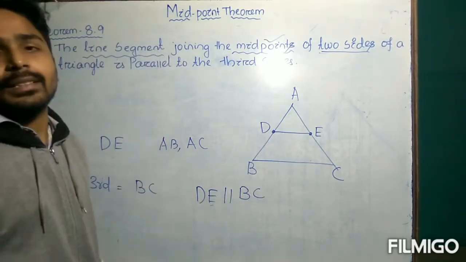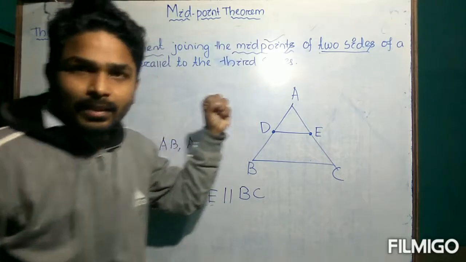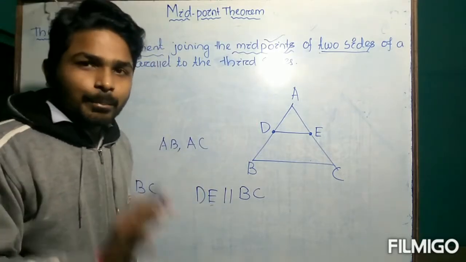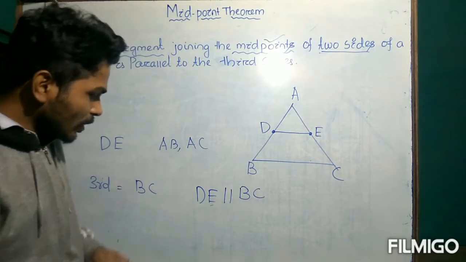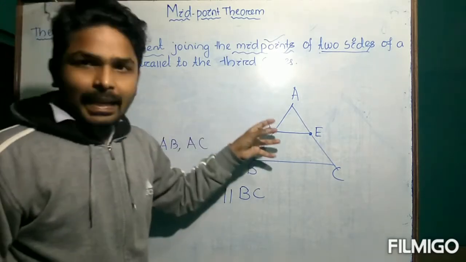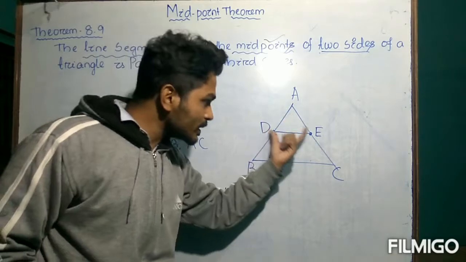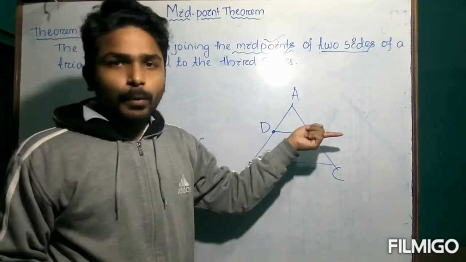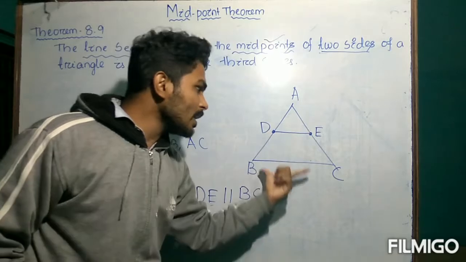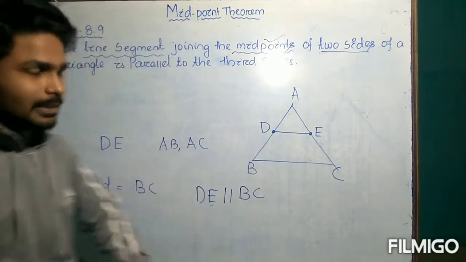We have to prove it. This is a very complicated understanding level question. So you have to understand this, and this theorem is known as midpoint theorem. According to this theorem, we have to draw a triangle and find the midpoint of any two sides. Then join these two midpoints so that we will get a line segment, and we have to prove that this line segment is parallel to the third side.